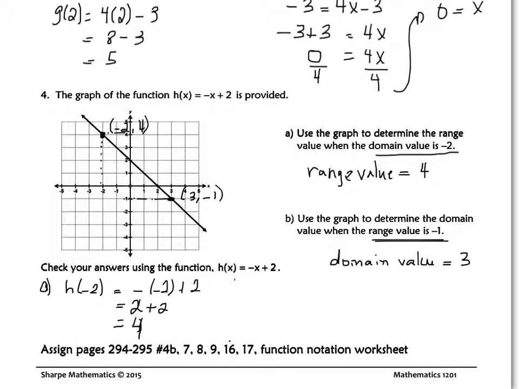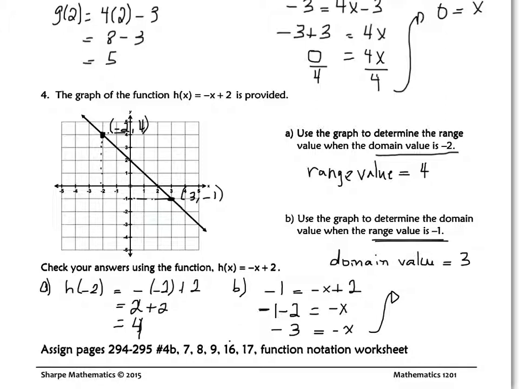And then if we look at B and check B, we would actually be solving the range value equal to negative 1. So that would be negative 1 equals negative x plus 2 is the equation we'd be solving, because we have the y value, and we're looking for the x value. So then we want to get the x term by itself, so we want to get rid of that 2. We're going to subtract 2 from both sides of the equation. When we subtract it from the right-hand side, it cancels with the positive 2 that's already there, so we get negative 3 equals negative x.